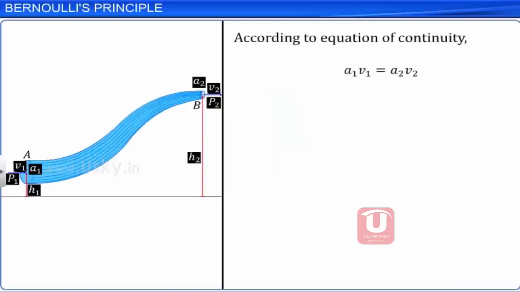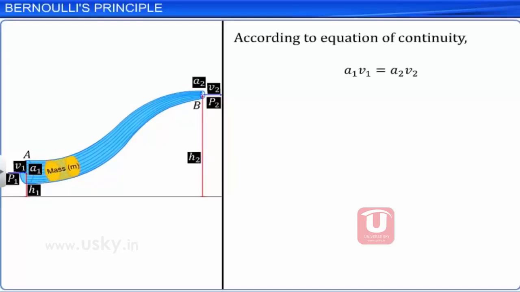According to the equation of continuity, the total mass of the liquid going into the tube through any cross-section should be equal to the total mass coming out of the same tube from any other cross-section at the same time.